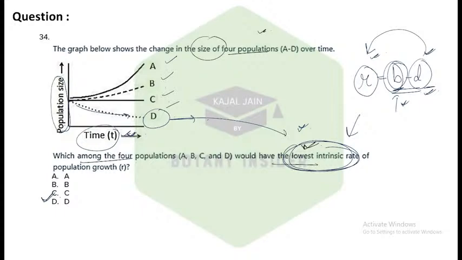Madhusmita and Sayanti got the answer correct, and others, I guess you forgot the concept of what intrinsic rate is all about, and that's why you marked the answer wrong, right? Now is the concept clear to everyone? Yes, is the concept now clear?